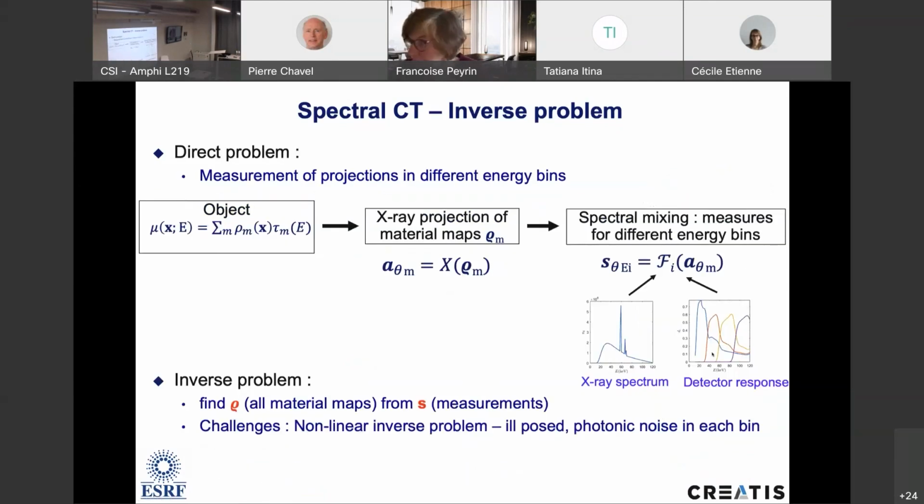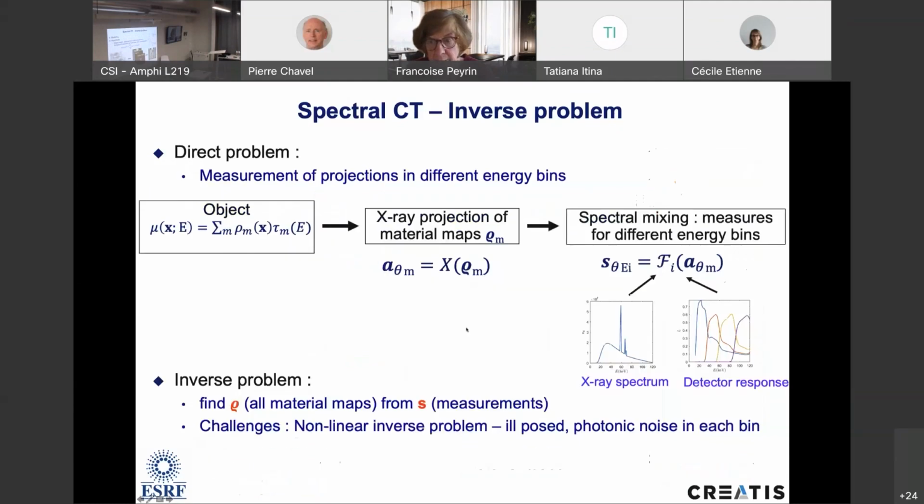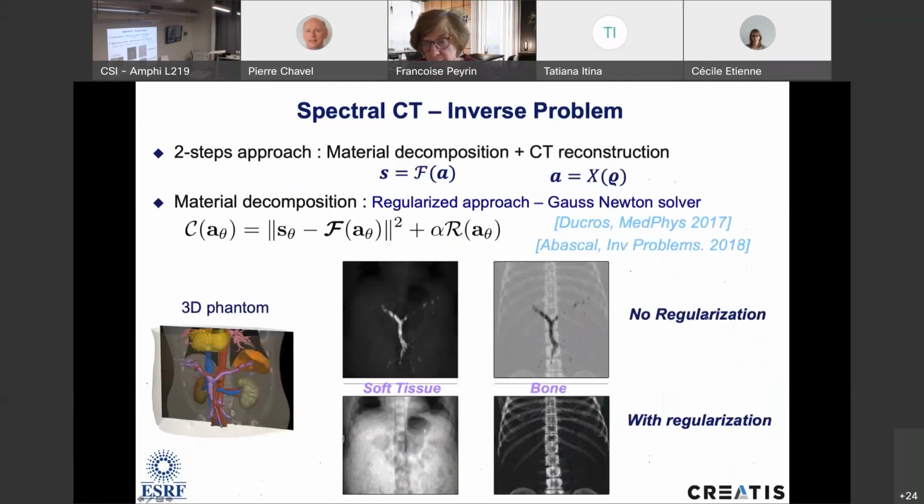I have not too much time to go into the problem, but just to let you know that we have been working on this material decomposition problem, that is, the problem of going from the measured data to the material maps. For this problem, we have proposed regularized techniques that improve on the results of non-regularized techniques from the past.